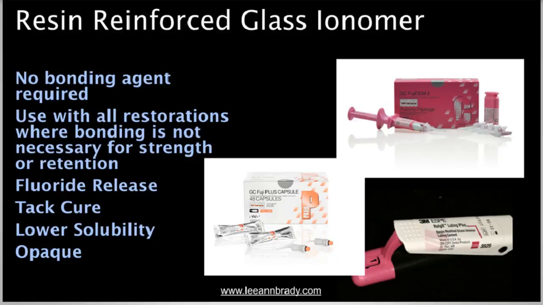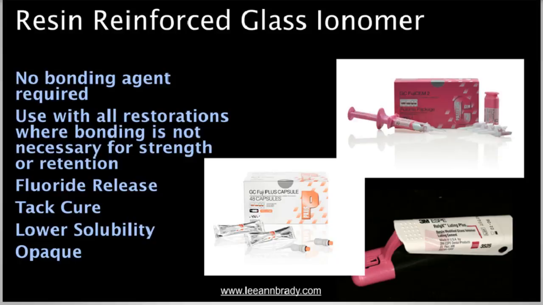So again, quick, easy, efficient, highly effective cements with low sensitivity. You don't have to etch, you don't have to use a bonding agent. With the resin-modified glass ionomers in the Fuji family, we now have an extended fluoride release, so that fluoride release actually occurs over time. Because of the resin that's been added, we have an added benefit that works great from a chairside perspective: you can tack cure.